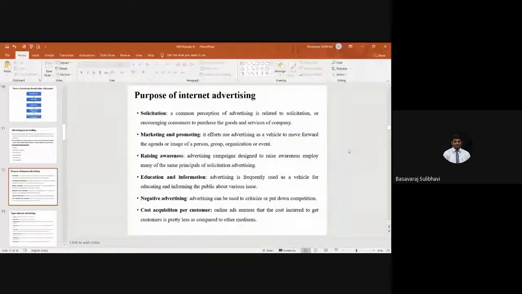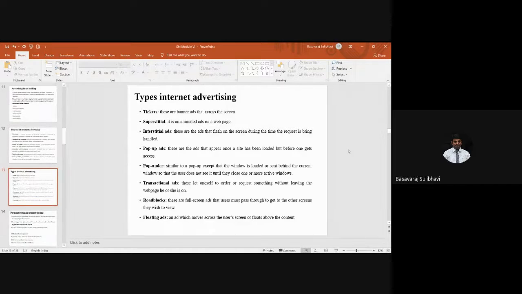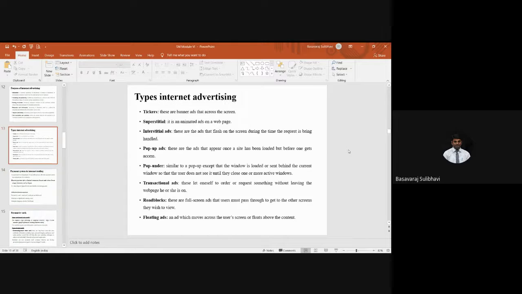Then we covered the purposes of internet advertising: solicitation, marketing and promotion, raising awareness, education and information, and negative advertisement where people can criticize and put down the competition. Also the cost of acquisition per customer is very low. Then we went through types of internet advertising like triggers, superstitials, interstitial ads, pop-up ads, pop-under ads, transactional ads, roadblockers, and floating ads. So we have dealt with them elaborately.